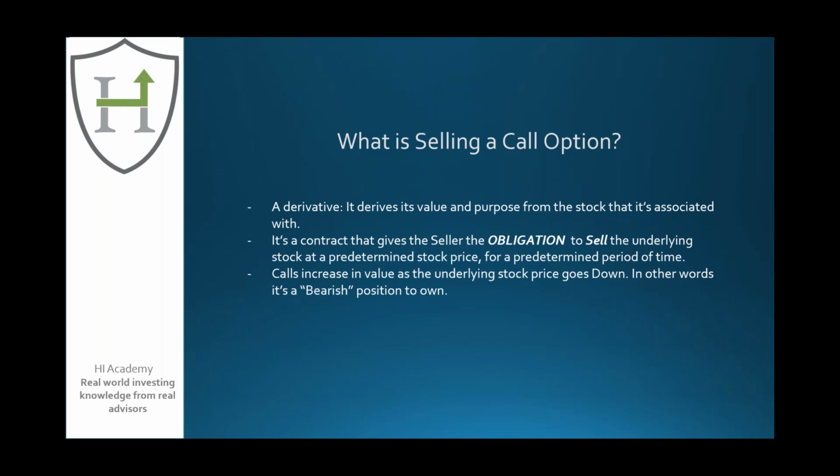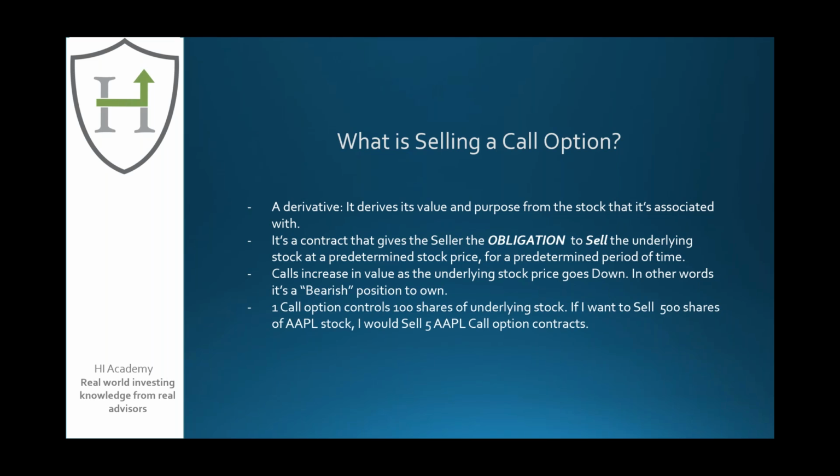No one's going to obligate you to sell stock to them at 100 if it's trading down at 80. Again, one call option controls 100 shares of underlying stock. If you wanted to sell 500 shares of your Apple stock, you would need 5 contracts to do so.